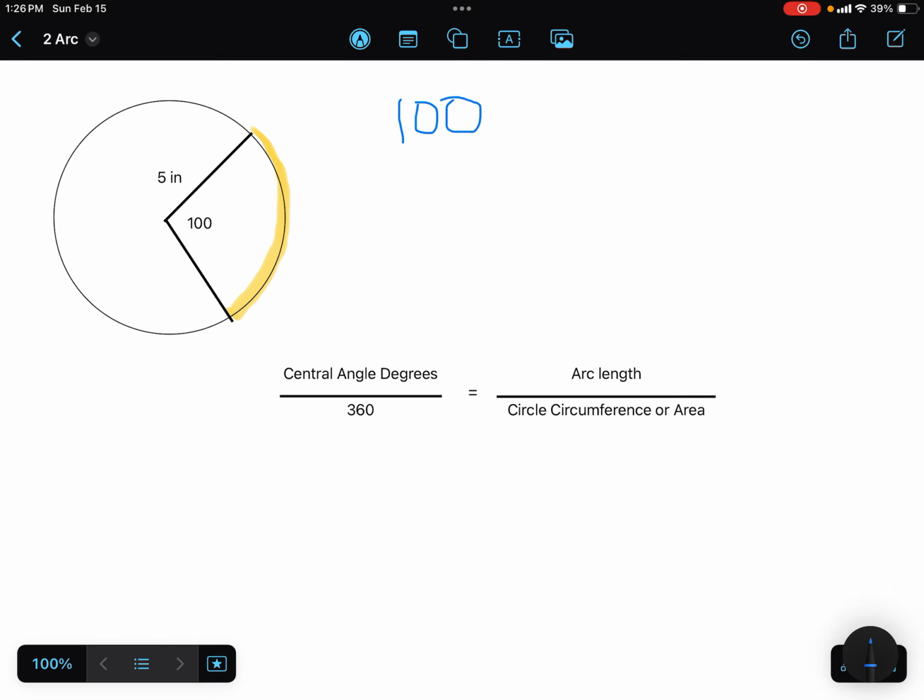So we will put that as 100 over 360, the full number of degrees of arc in the circle. The arc length is what we're looking for, so we're going to call that x. And the bottom is going to be, in this case, the circumference of the circle.